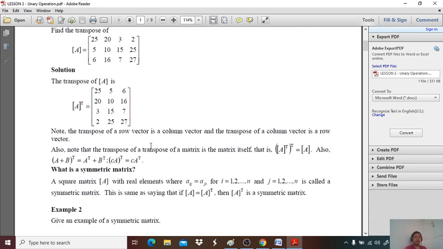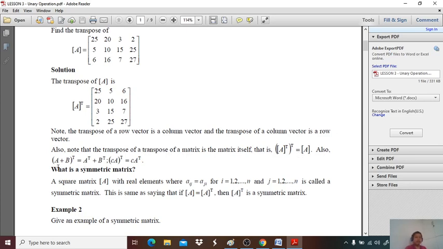So the transpose of the row vector is a column vector, and the transpose of the column vector is the row vector, vice versa. Now some other properties of the transpose of a matrix. The transpose of the transpose of a certain matrix is equal to its original matrix.